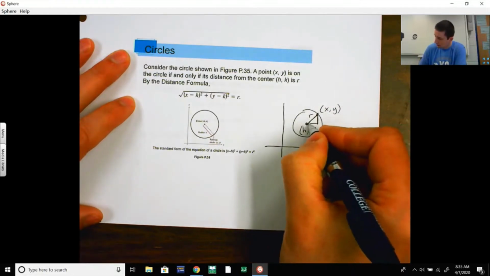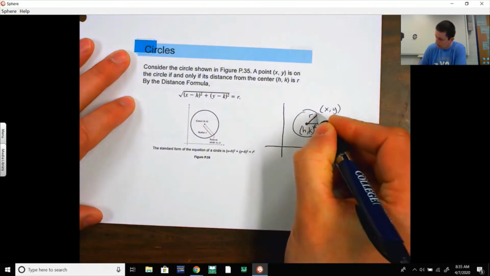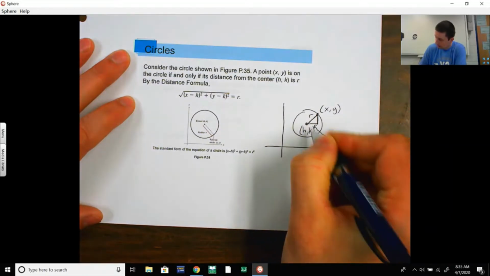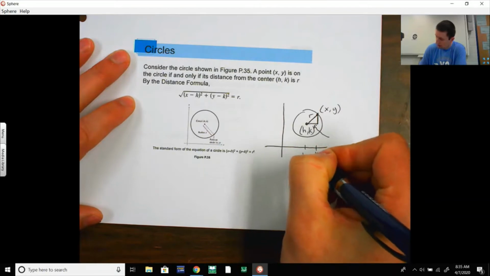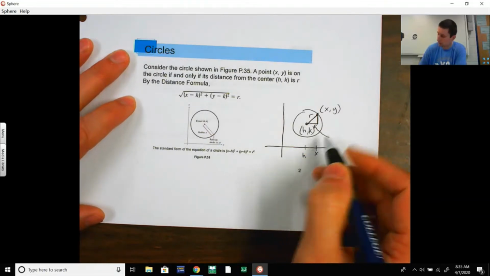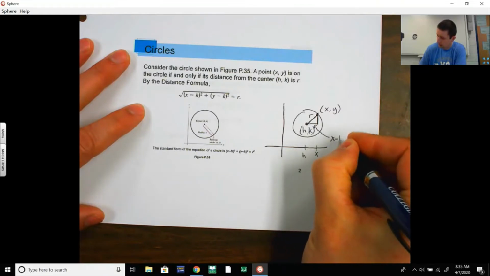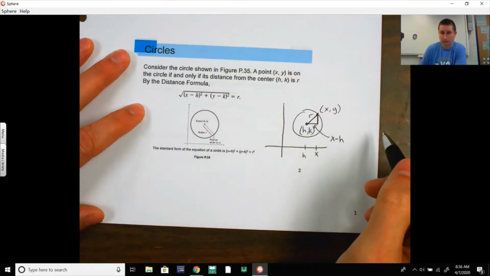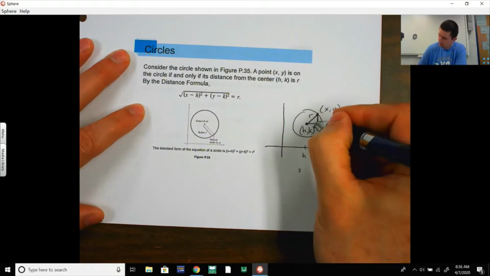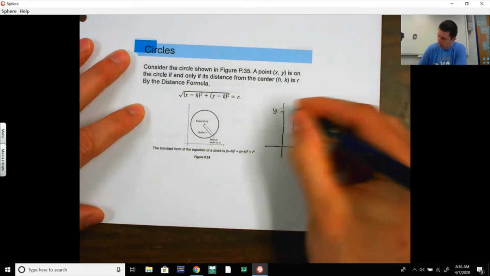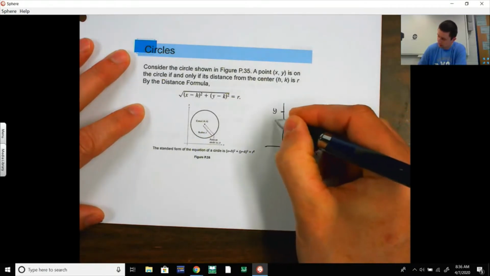So this length right there, here's x, and here's h, and if you want to find the distance between 2 points on the coordinate plane, you use subtraction. Subtraction is the difference. So that would be x minus h. Up here, this would be y, and down here, this would be k.